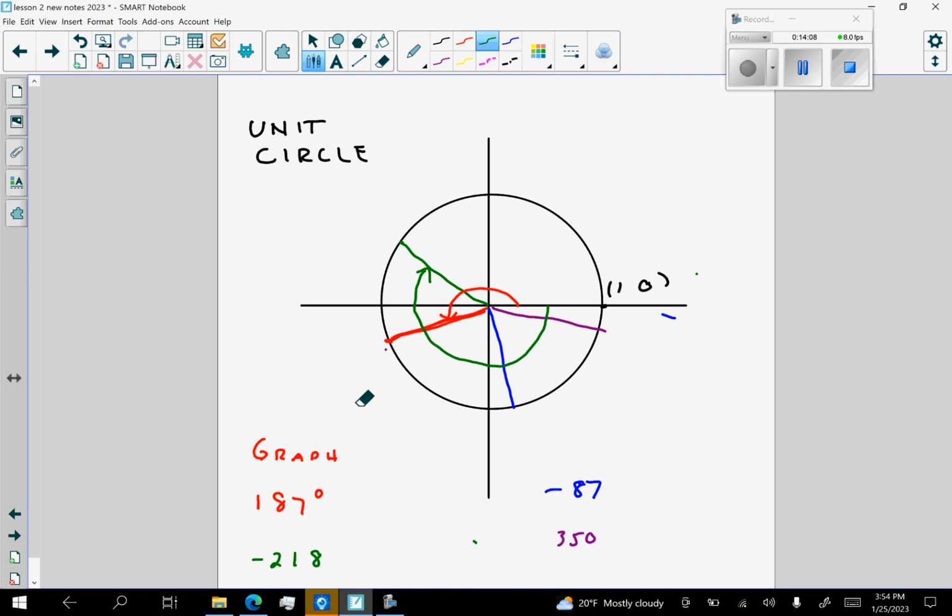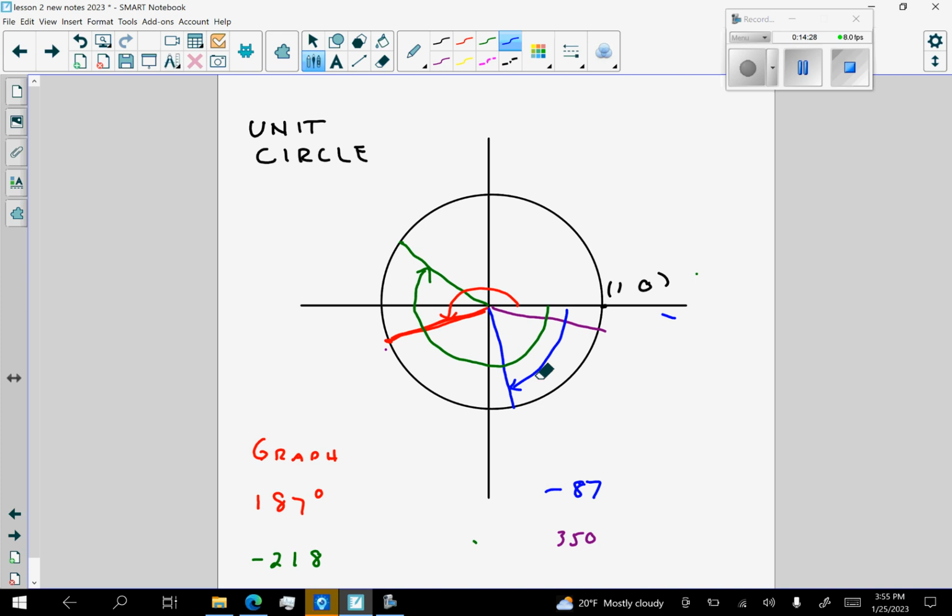What about negative 87 degrees? Note the direction of the arrows. Negative 87 degrees will be clockwise. What about 350?